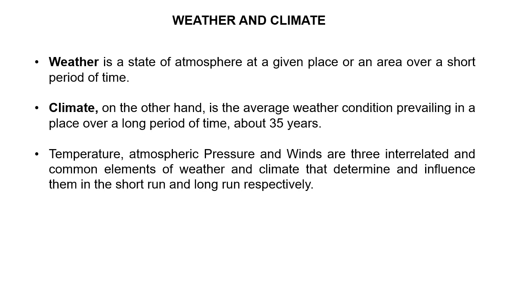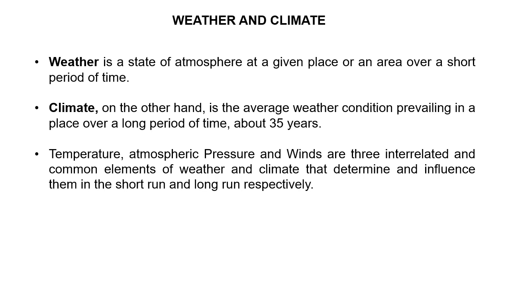A short period means today, or 2 days, or 3 days, a very short period for a particular place. Like suppose we are talking about today's weather condition in Ranchi, or in Patna or Jamshedpur, a particular place. Is it clear?